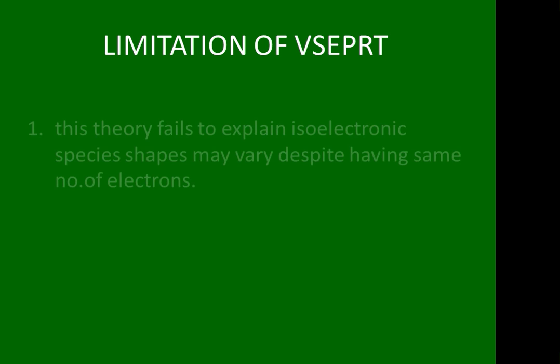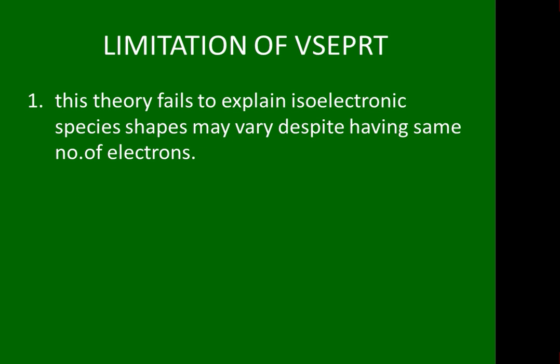Now, what are the limitations of VSEPR? You can see here. This theory fails to explain isoelectronic species. Despite having the same number of electrons, that means the same number of bond pairs and the same number of lone pairs, their geometry is different, their orientations are different. So what is the logic behind it? That theory will never explain.